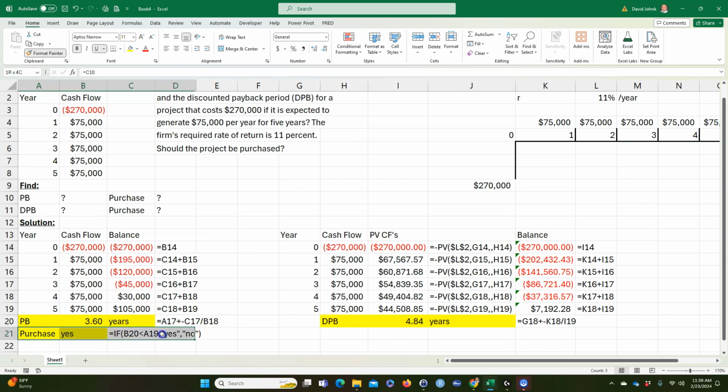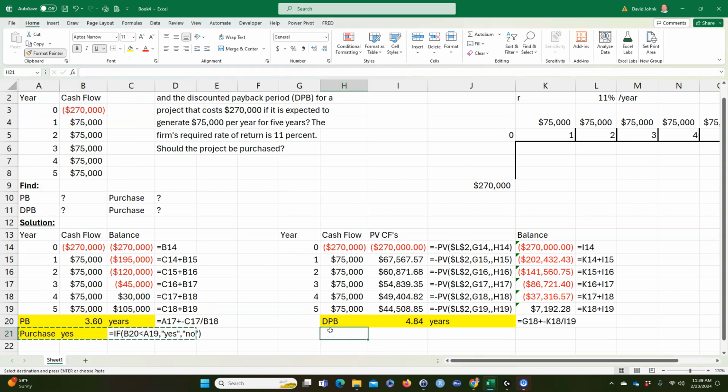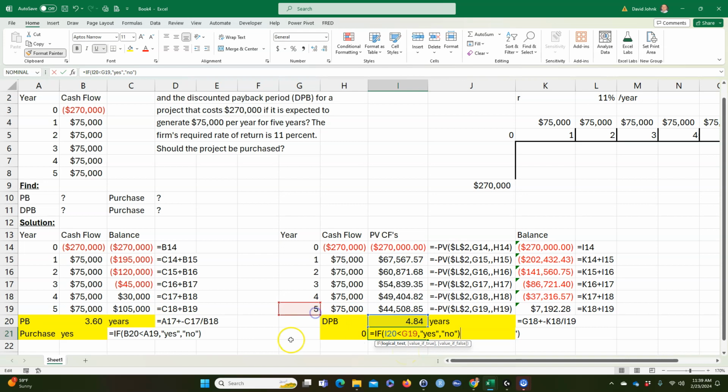And then we can go ahead and copy this formula. I'm going to copy this. The only thing we have to do is make sure that this is pointing to your 5, right? Is this less than 5 years? Yes, it is. Let me call this purchase.